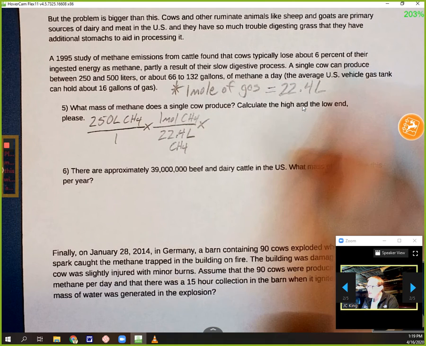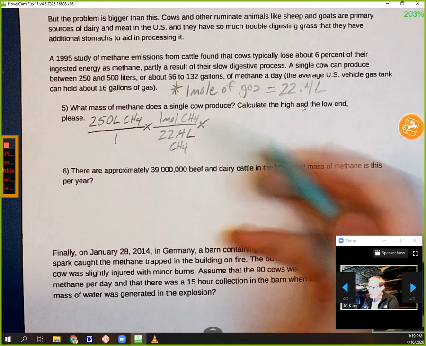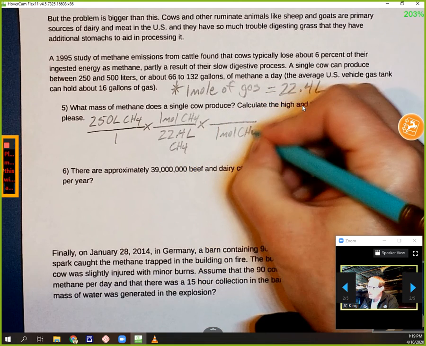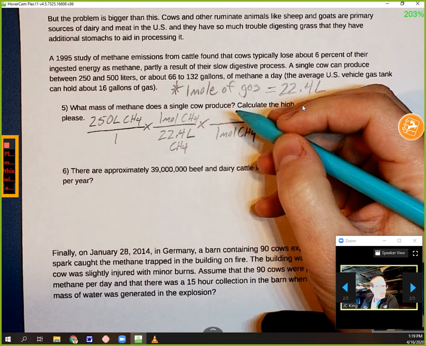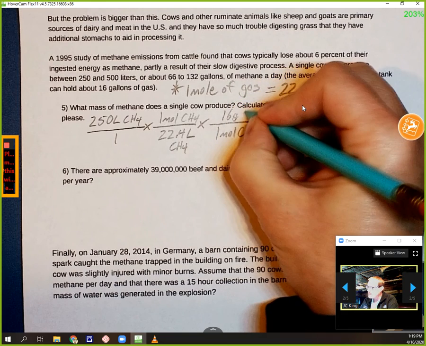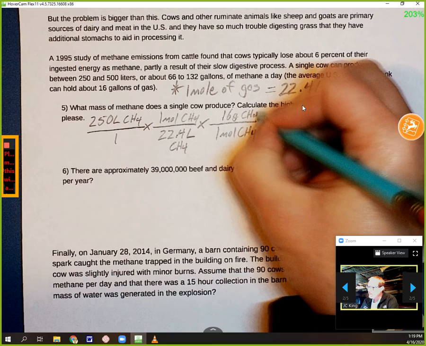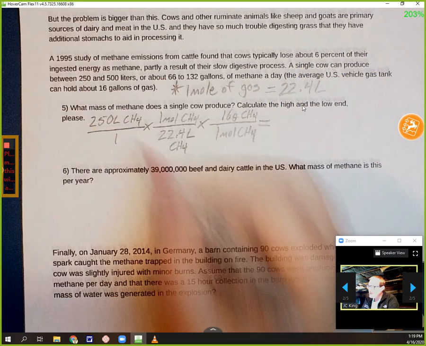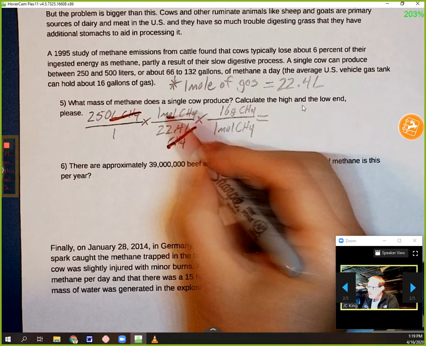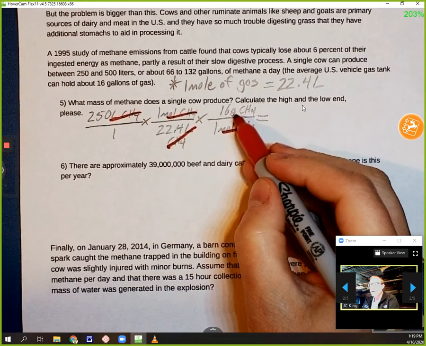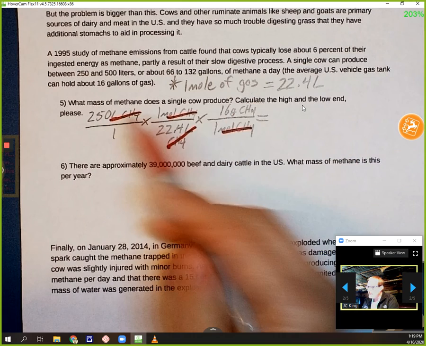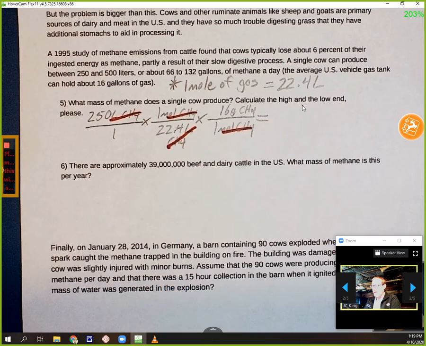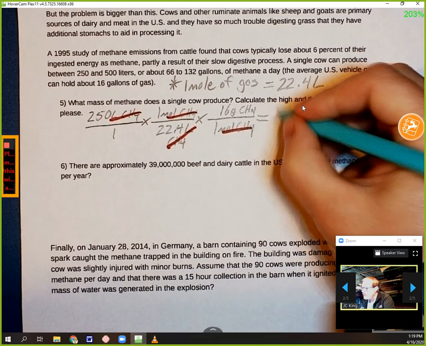And if we want to change it into grams, we know that 1 mole of CH4, looking back at our prior paper, is about 16 grams. So liters cancels liters, moles cancels moles, and you're left with grams. So it's 250 times 16 divided by 22.4. That right there is going to give you the low answer.